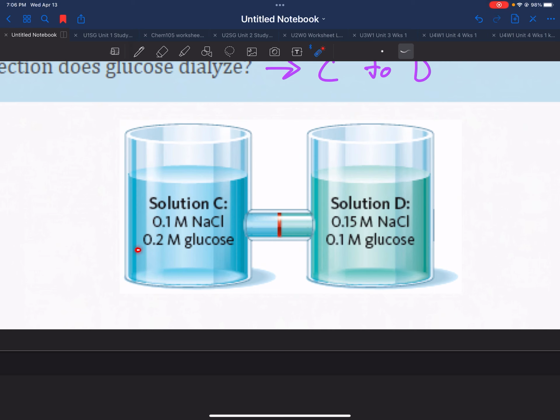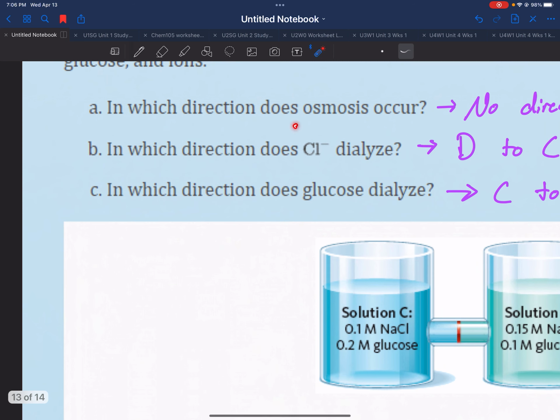We have this non-electrolyte, so it stays 0.2. NaCl, that's Na plus Cl, so that's going to be 0.1 times 2, so 0.2. So this one has a total molarity of 0.4. And this one, NaCl, Na plus Cl, so this would be 0.15 times 2, so 0.3, plus the 0.1 from glucose, so this would also be 0.4 total molarity.